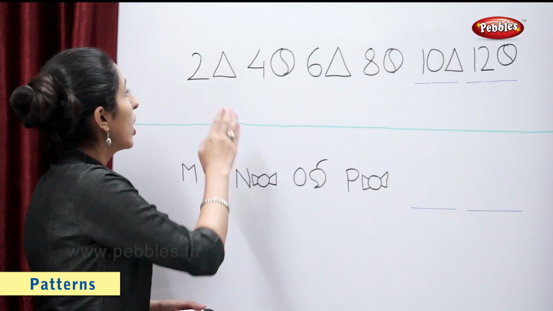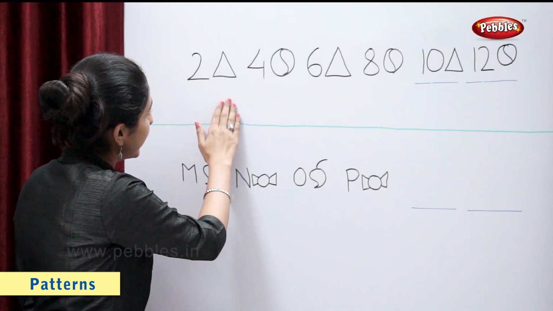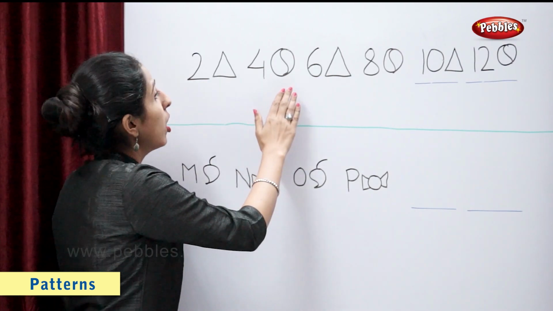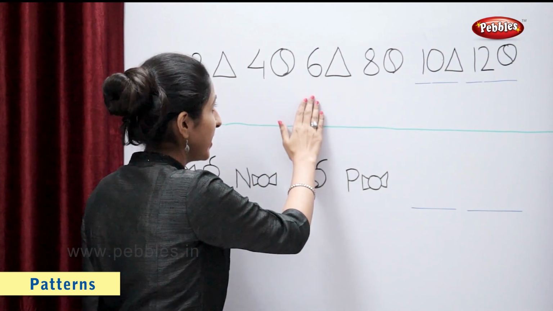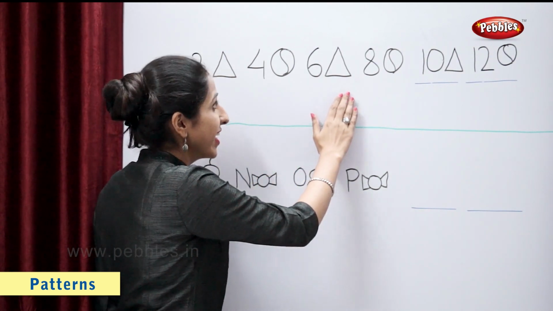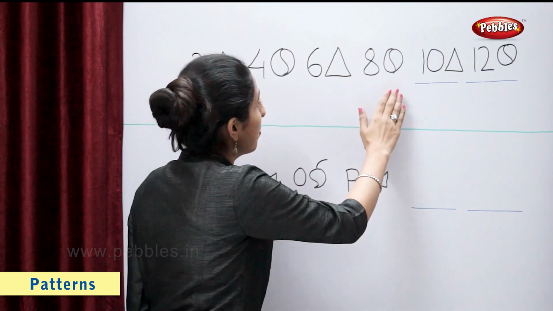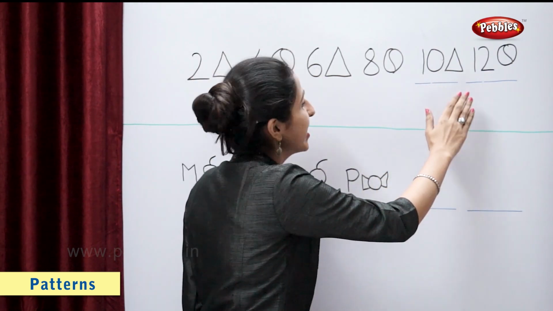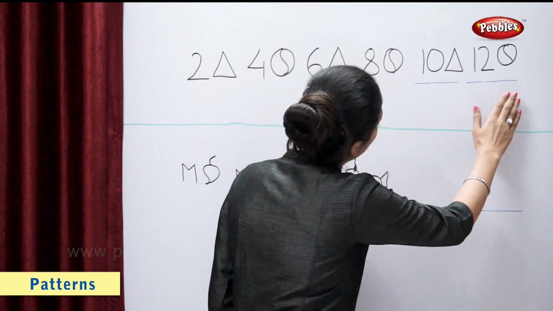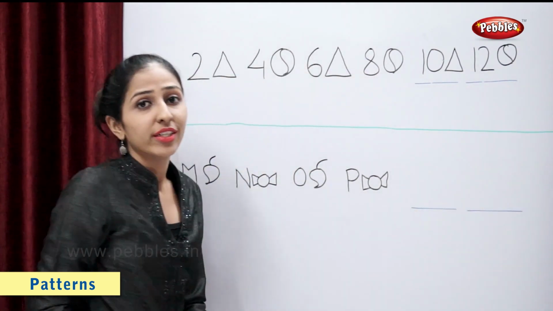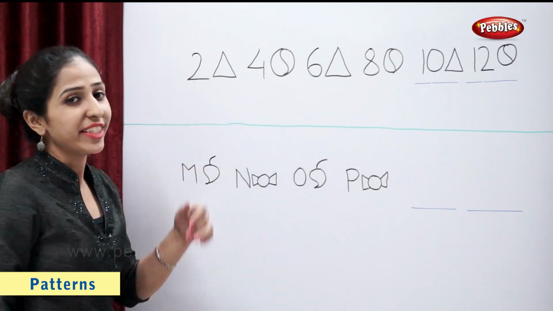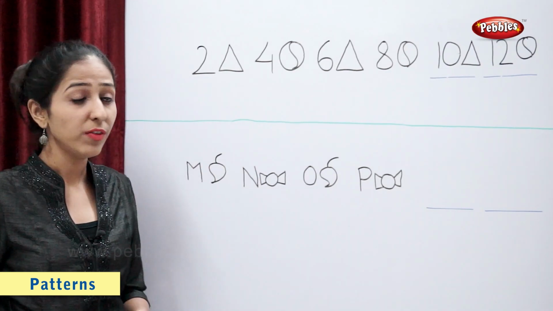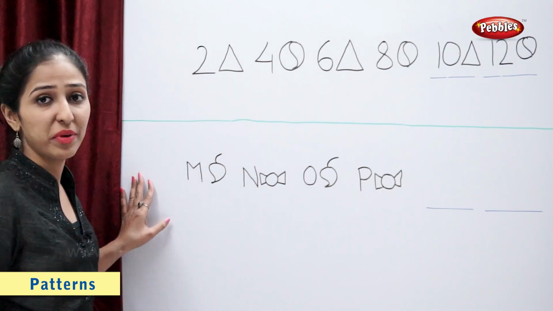So, 2 triangle, 4 ball, 6 triangle, 8 ball, 10 triangle, 12 ball. So this is a complete pattern. Now let's solve this example.